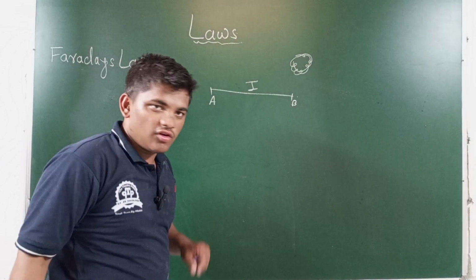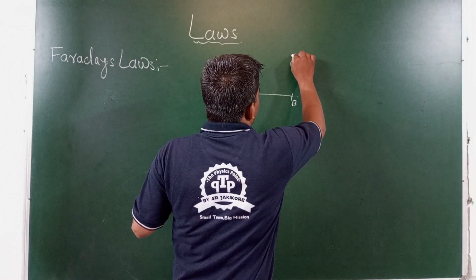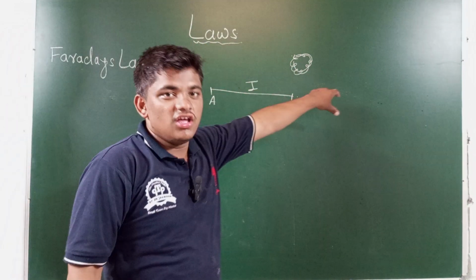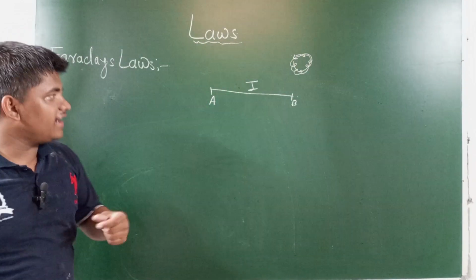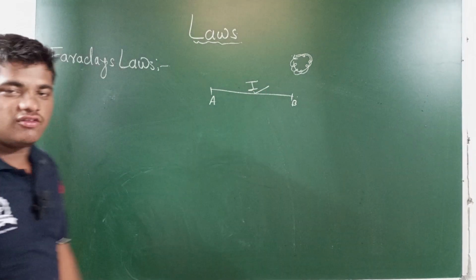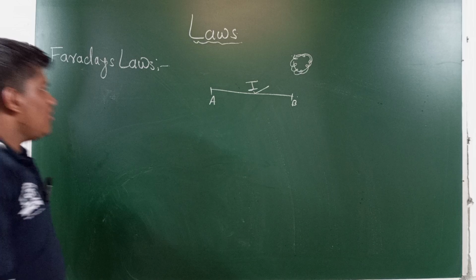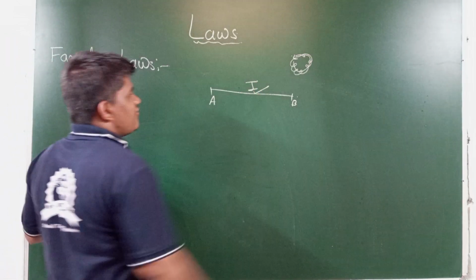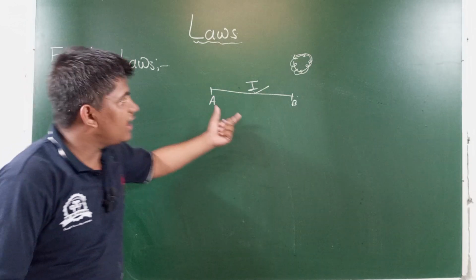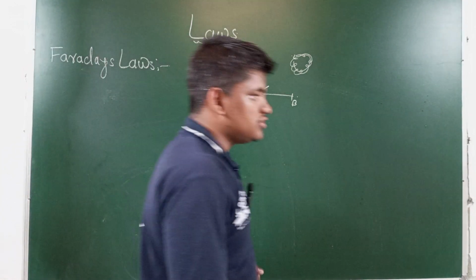We supply the current I to that coil. Whenever we change the supplied current continuously, there is a change in the current, and the magnetic field also changes.